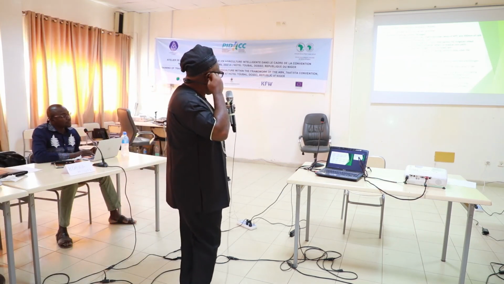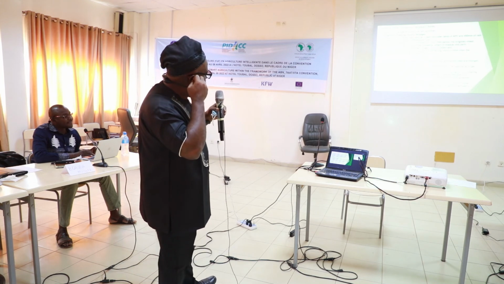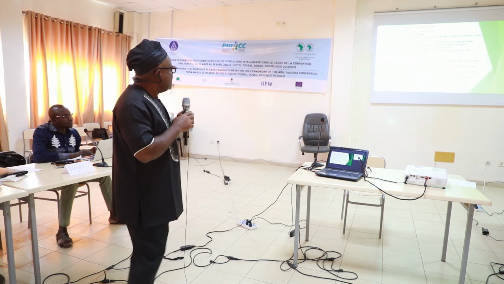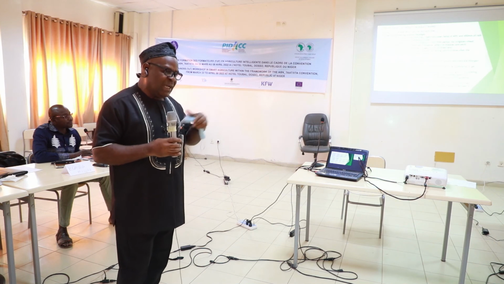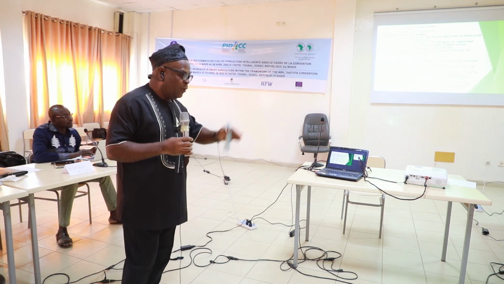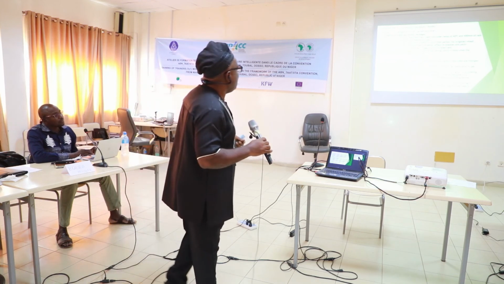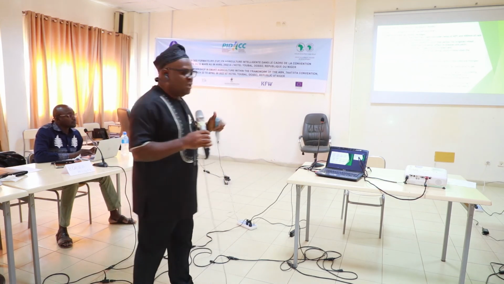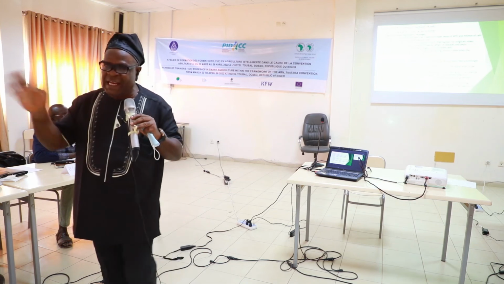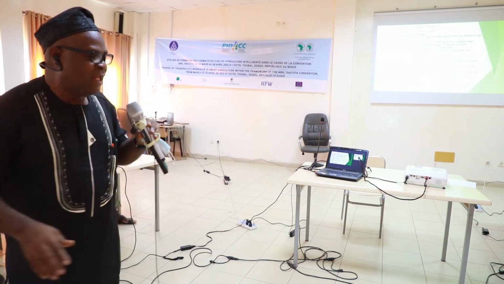Now, what do we do at crop management after planting? I've just spoken about how you plant, the spacing, the number of holes, so I go straight to crop management. You don't plant wheat on any ordinary soil.